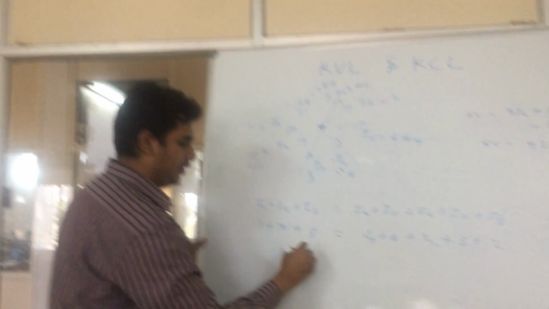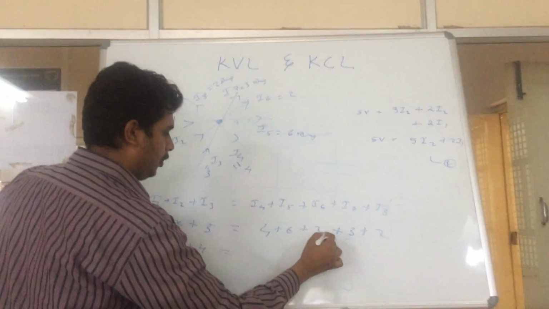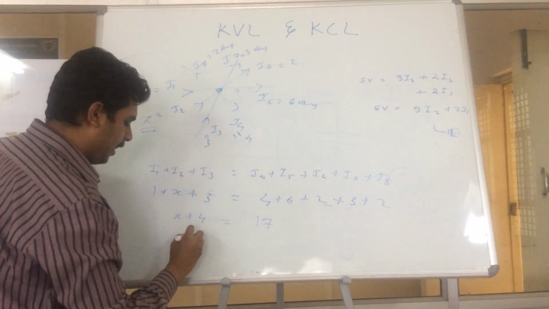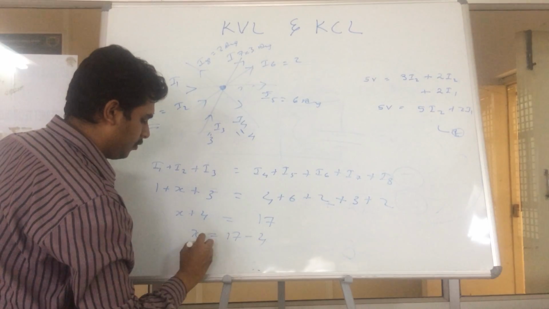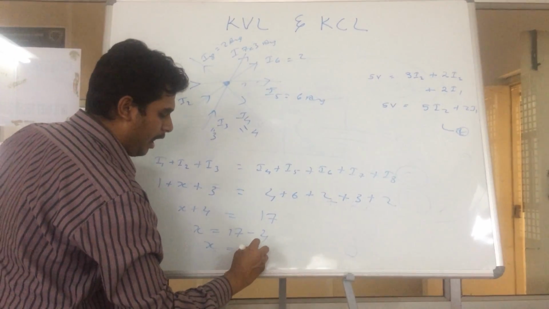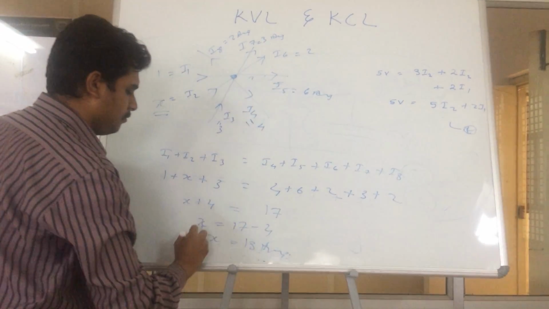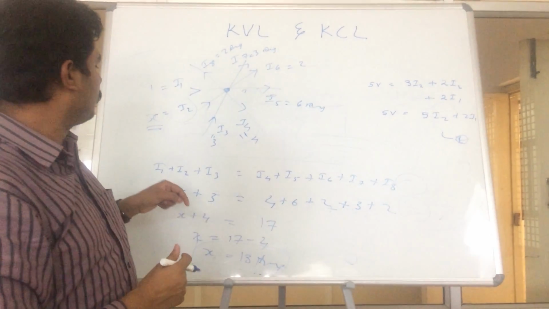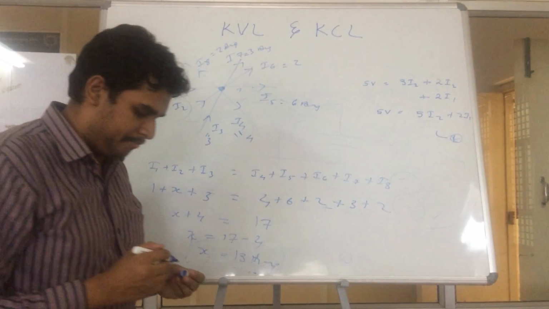Then x plus 4 is equal to 17. Therefore x is equal to 17 minus 4, so x is 13 amps. So the current I2 flowing through the node is 13 amps.